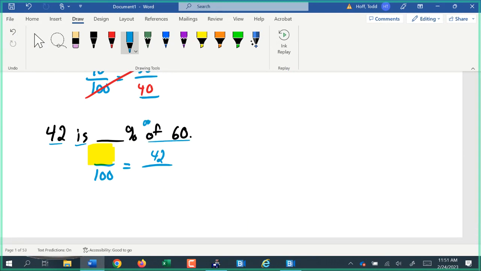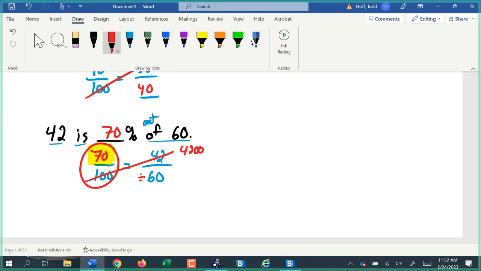Of 60, again, read that out of 60, implies the 60 goes on bottom. And we can cross multiply and divide again. 100 times 42 is 4,200. Divided by the 60 gives us 70. So 70 out of 100 or 70%. We have to be a little bit careful how we state that one, because 70 is not our answer. It's actually the full 70 out of 100 or 70%.